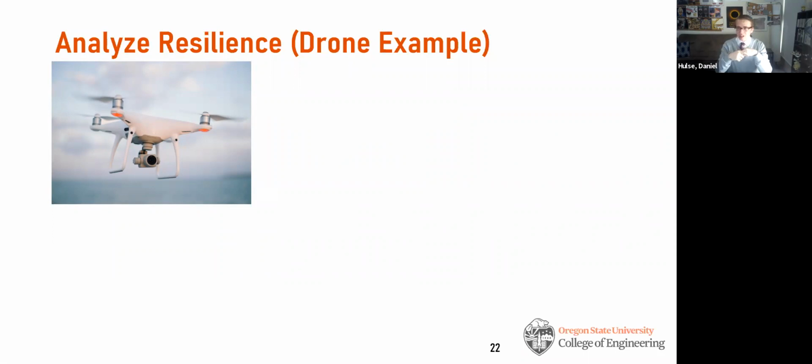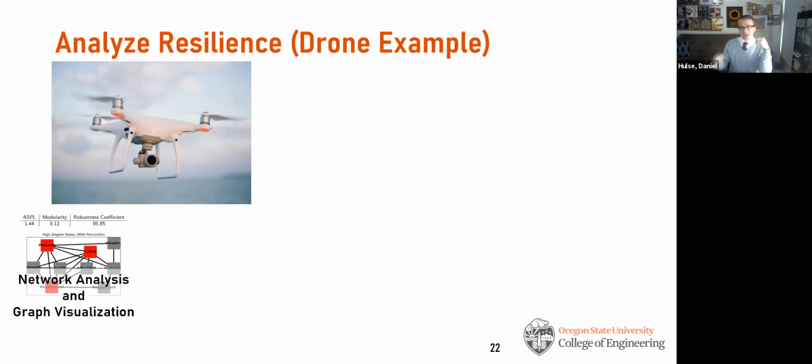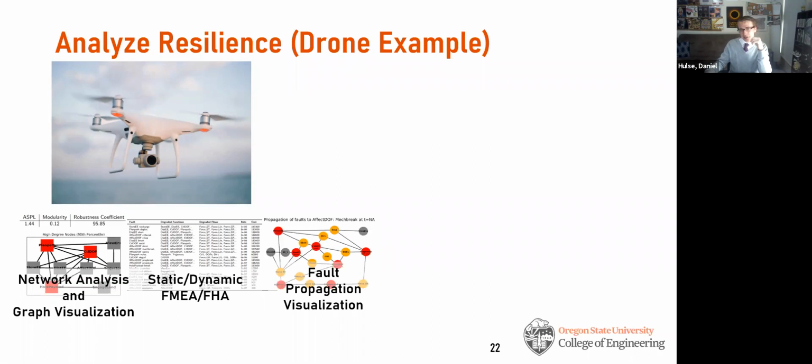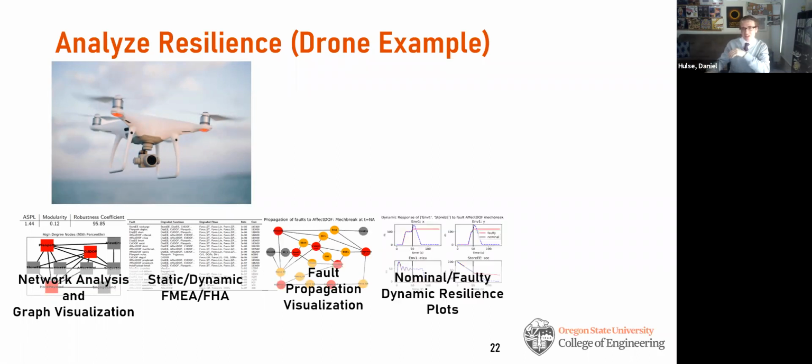And so again, if you look at the chapter, one of the examples that we use for this is this drone model that we talked about in the beginning. And we go through the different analyses that you can perform, things like network analysis and graph visualization, static and dynamic failure modes and effects analysis, or functional hazard assessment, visualization of the propagation of faults.